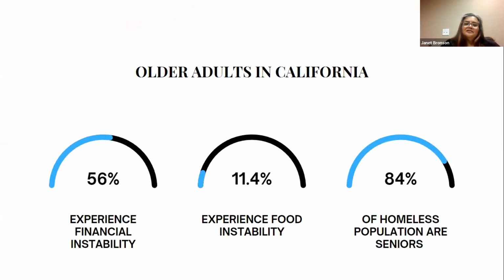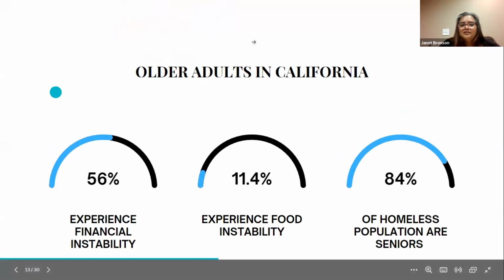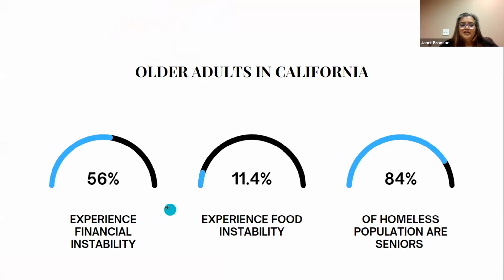So these are older adults in California, 56% experience financial instability. It drops down to 11.4% experiencing food instability, and that's with the help of our free food programs throughout California.